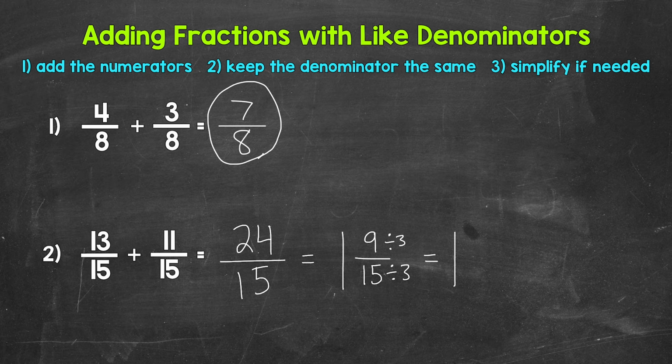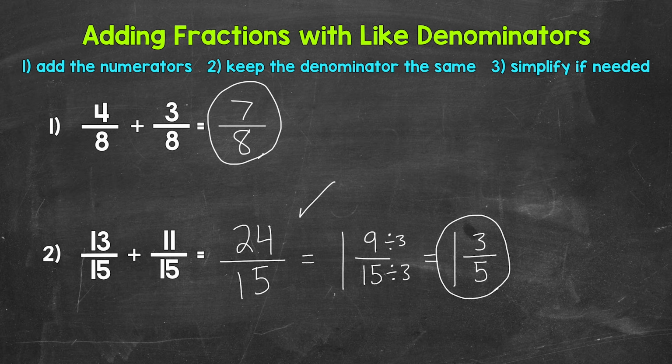We keep our whole number the same, so 1, and then we have 9 divided by 3. That gives us 3, and then 15 divided by 3 gives us 5. The only common factor between 3 and 5 is 1, so 3/5 is in simplest form. We are done. Our final simplified answer, 1 and 3/5.